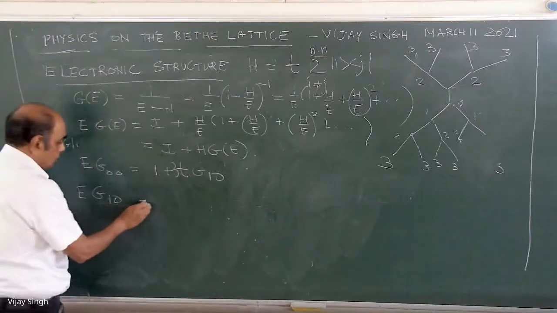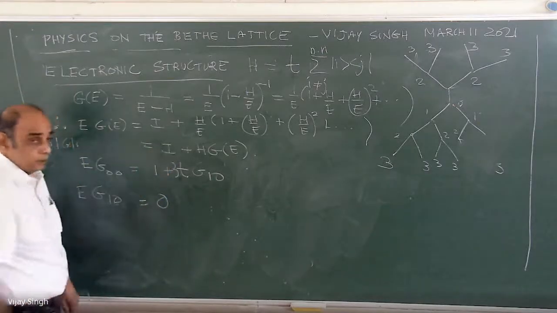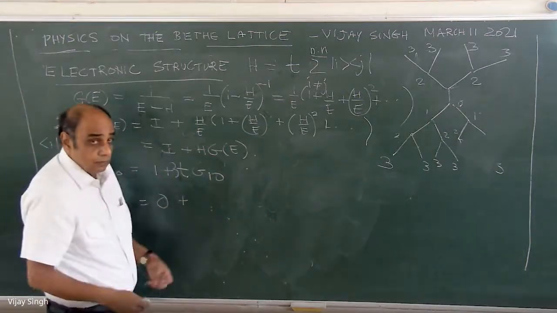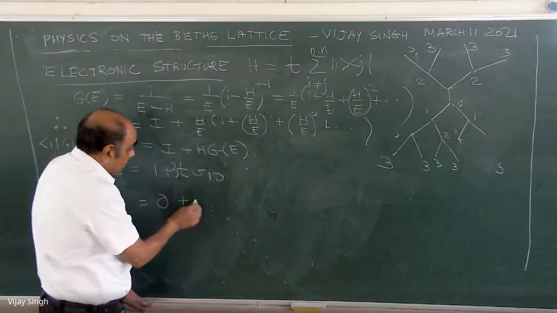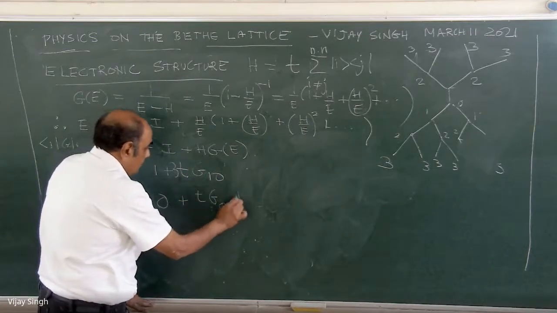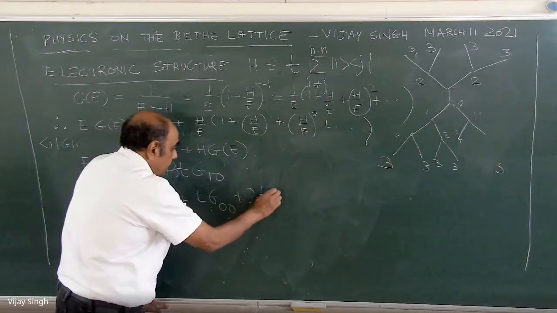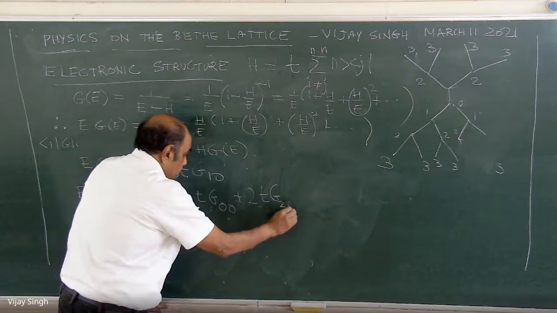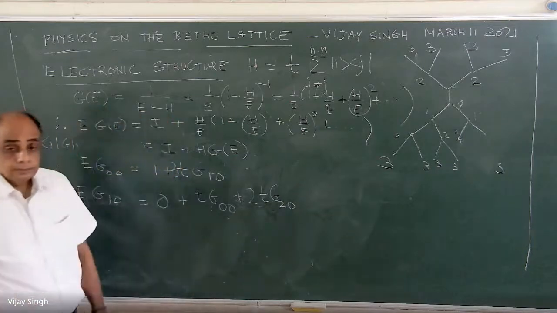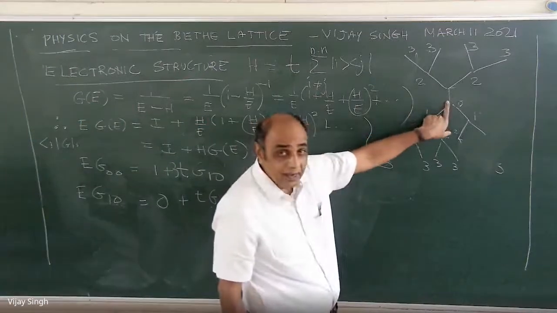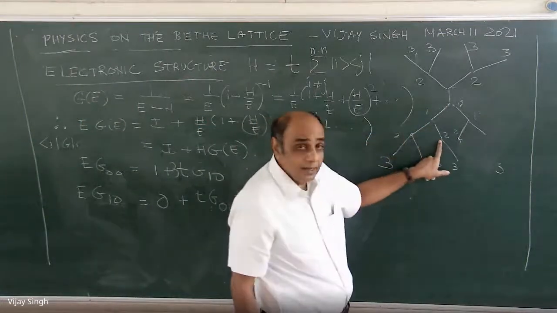So it will be 1 0, which will be 0 from orthogonality. So this term goes to 0. What about this term? I have to be a little careful about this term. This term will become T G 0 0 plus 2T G 2 0. Why is that? Because when you look at this term, there's one neighbor right here, and there are two such neighbors.